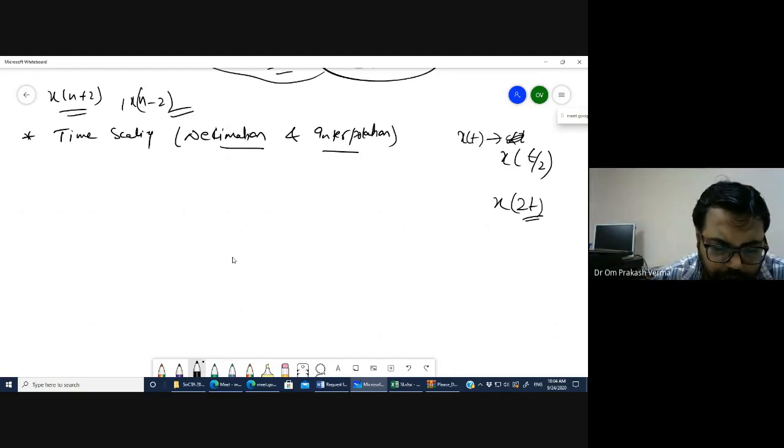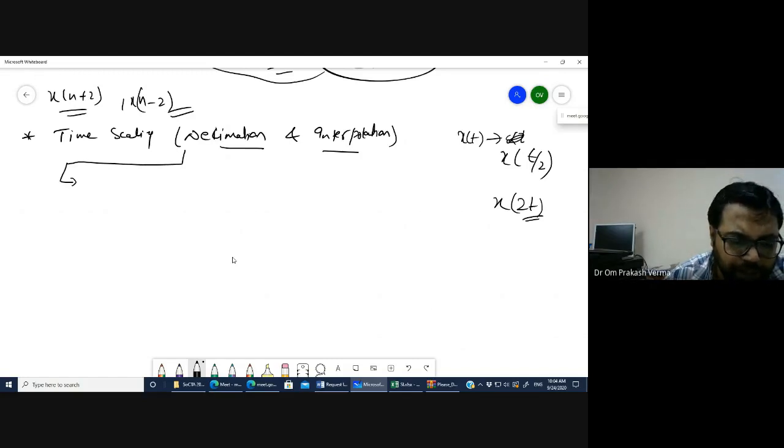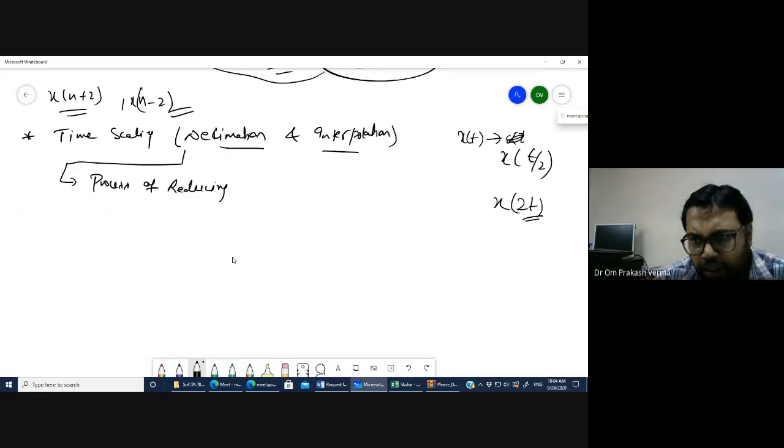What is decimation? The definition of decimation is the process of reducing. It is the same as we have studied in continuous time signals, but here the definition is the same, but the terminology is different.